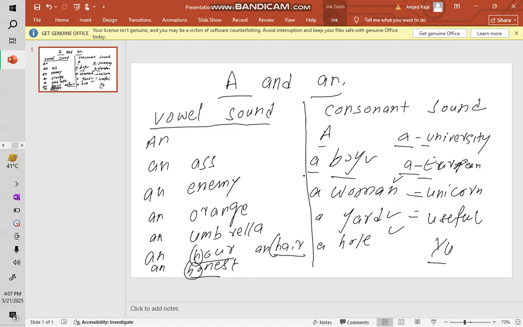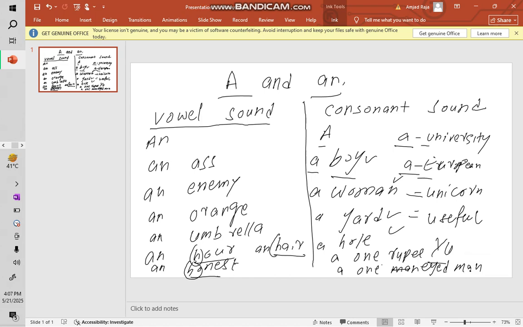So as we have a one rupee, a one man, a one-eyed man, like this.